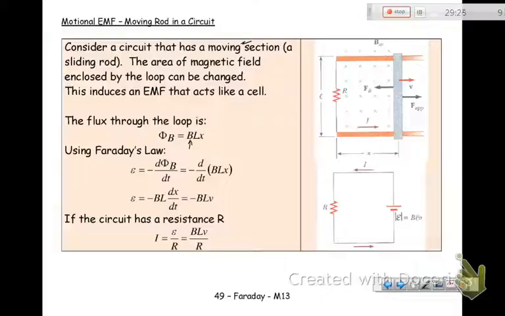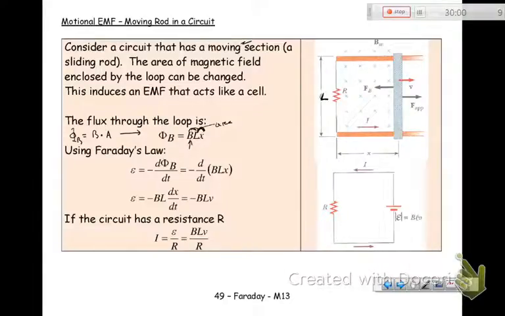I missed a line out: flux Φ_B is equal to B dot A, which gives me B times the length L, times x, which is down there. That's just area, and B is B.